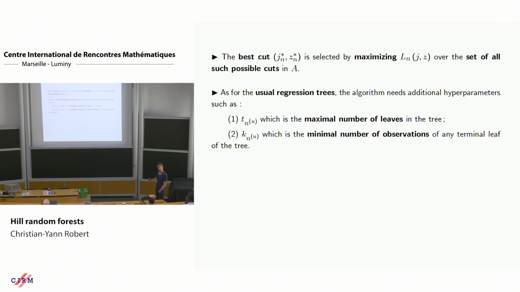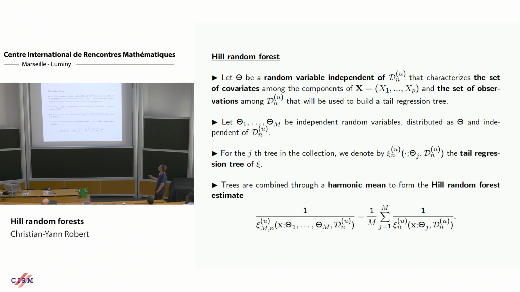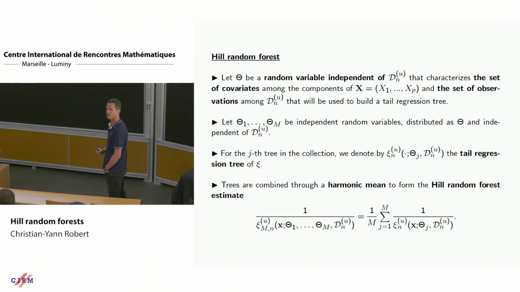So this is the first step, to estimate a tail regression tree. Then you have the random forest, where you aggregate other regression trees, randomizing the choice of the covariates as well as the choice of the data selected for your regression tree.